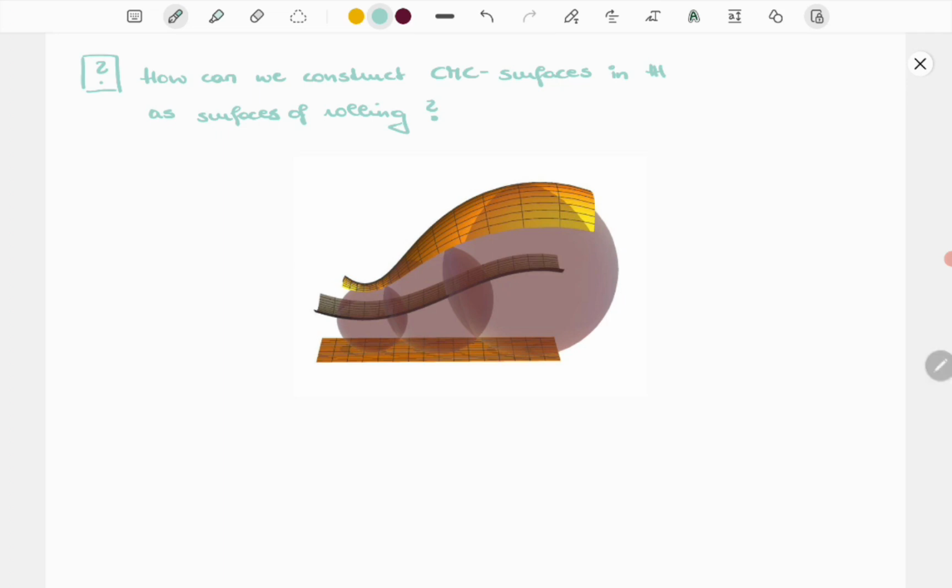The story is you can start with a conformal map in the plane, then make a Darboux transformation of that conformal map. One obtains a second surface, and this second surface is then always a CMC surface in a hyperbolic space.